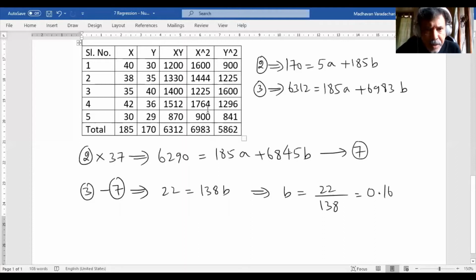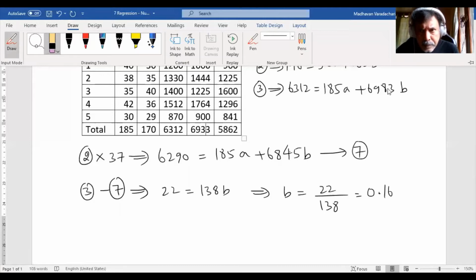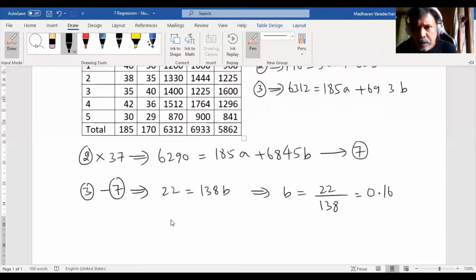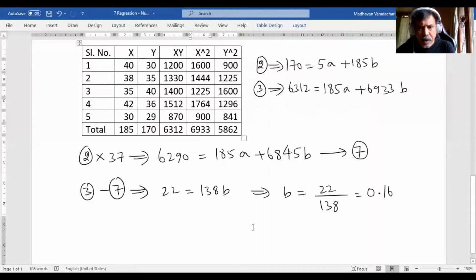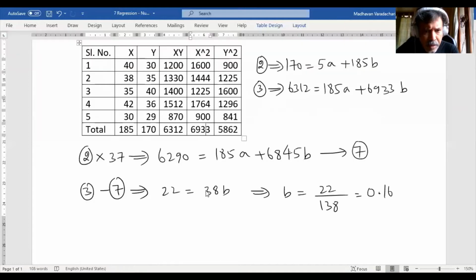I'm sorry, this should be 6933, not 6983. So I will correct it here. If we subtract 6933 minus 6845, I get 88.